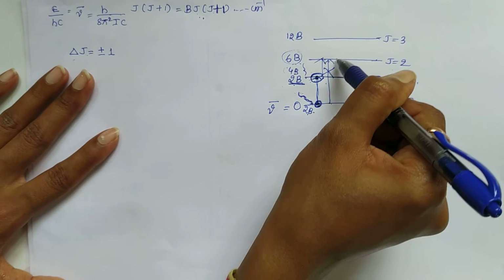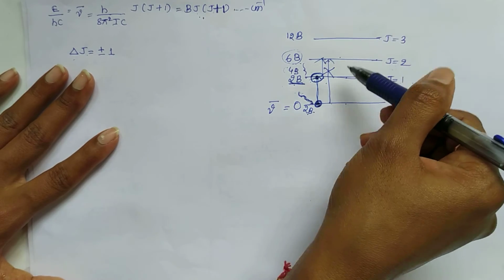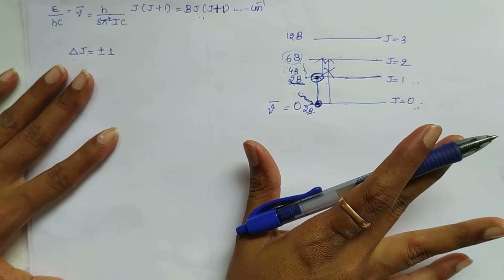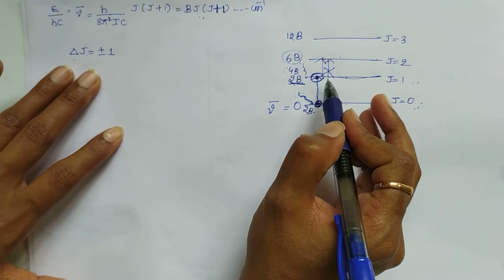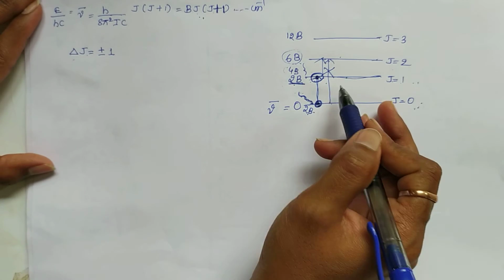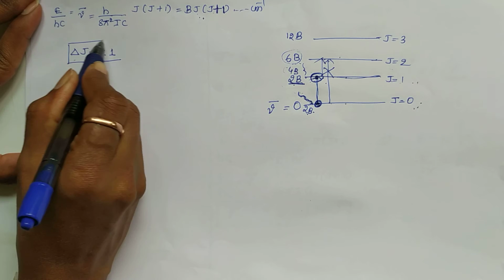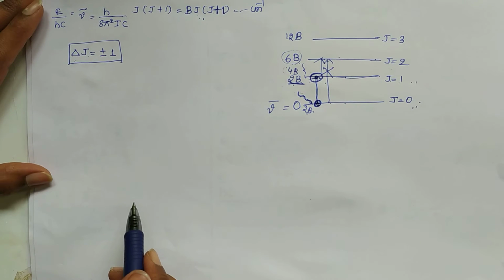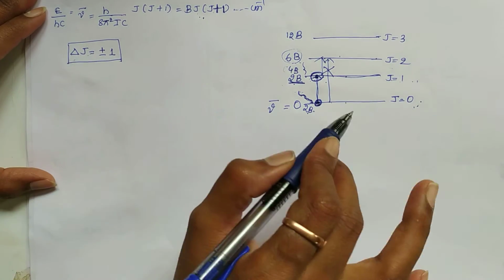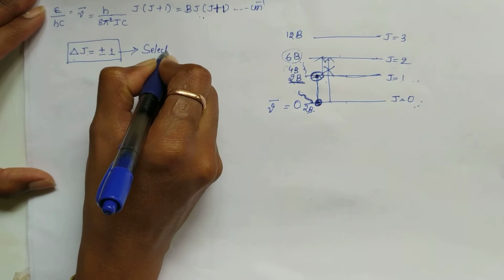Here, step by step, transition occurs from one level to the next level, but skipping one level directly to a higher energy level is not possible. In quantum mechanics, it is forbidden. So there is a selection rule that tells when the transition occurs: the difference in the rotational quantum number should be equal to plus or minus 1, then only transition occurs, otherwise no. This is called the selection rule.